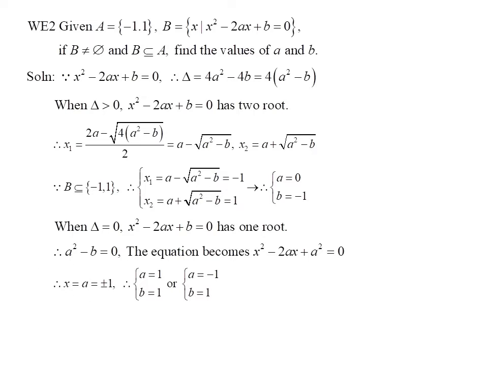After solving the equation, the value of a is either -1 or 1, and the value of b is equal to 1. In conclusion, there are three pairs of solutions for a and b. When a equals 0, b equals -1. When a equals either 1 or -1, b equals 1.